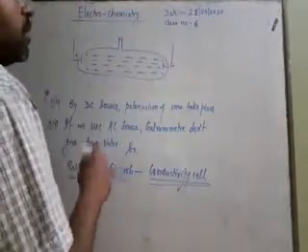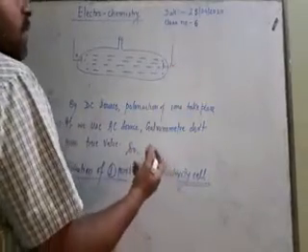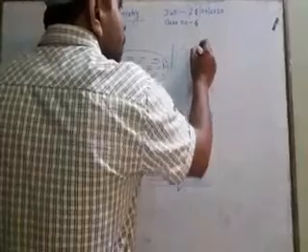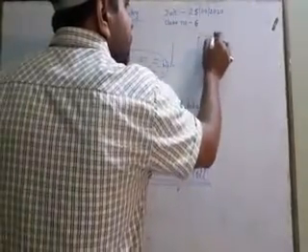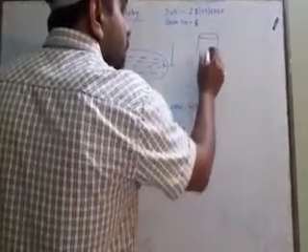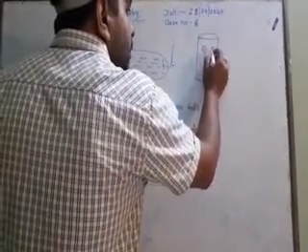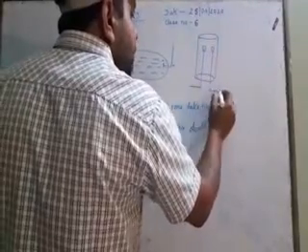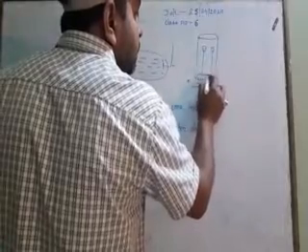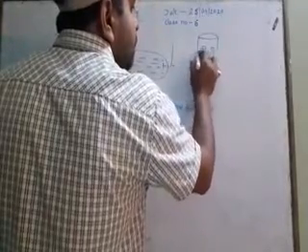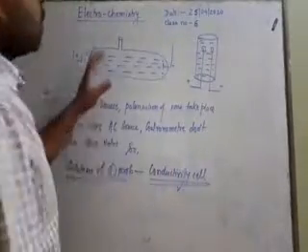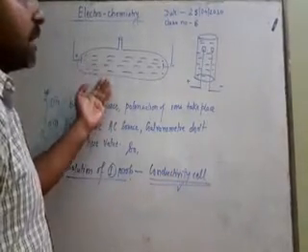Students, another figure of a conductivity cell is also given in your NCERT book: a cylindrical cell container in which platinum electrodes are taken. One is connected with positive and another with negative, and the solution is taken between them. So students, there are two types of conductivity cell. One figure is here and another figure is there.